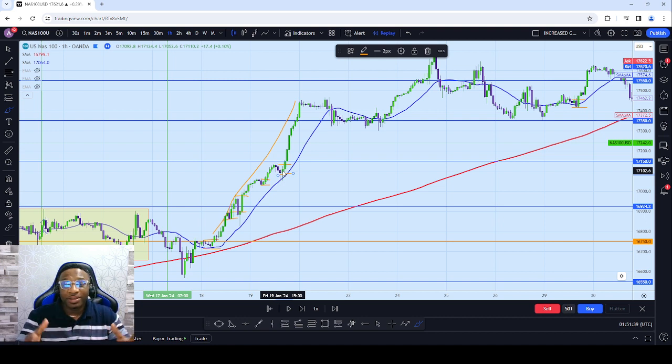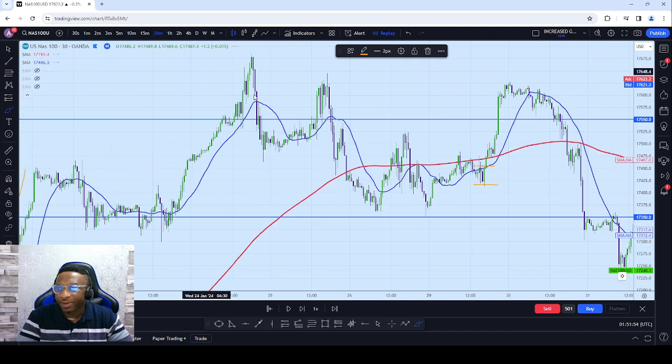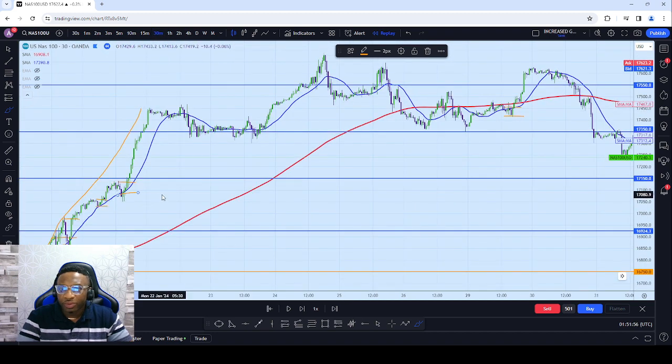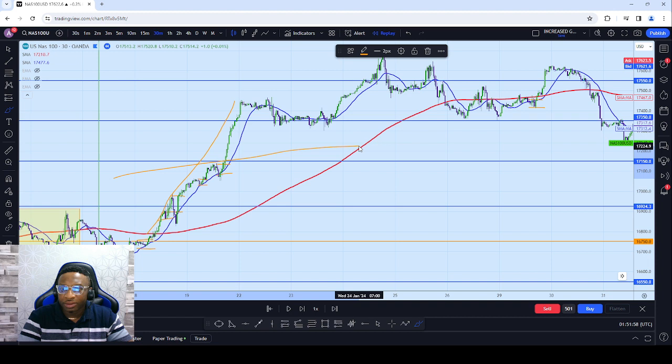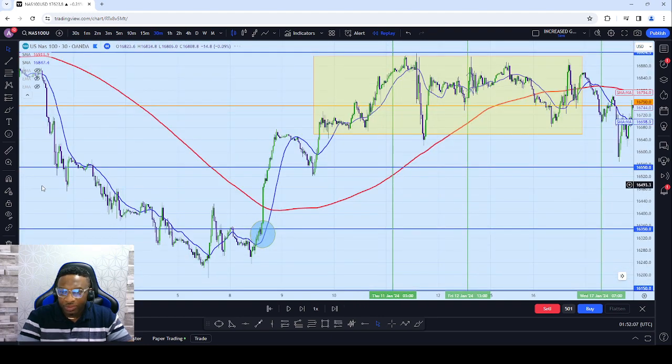You can find this in any market, in any symbol, all the time. So I believe you found value in this example that I've just shown you. If I go on to maybe a lower time frame, we could look for another opportunity where what I've just shared with you played out.